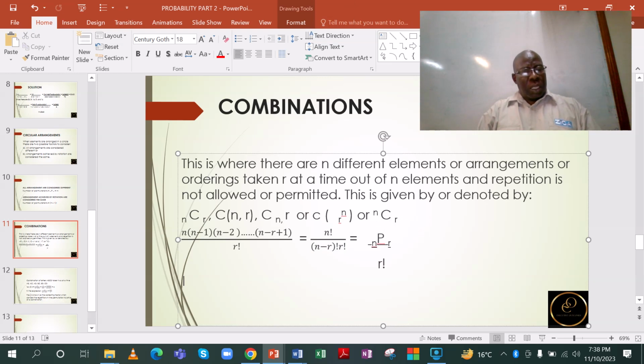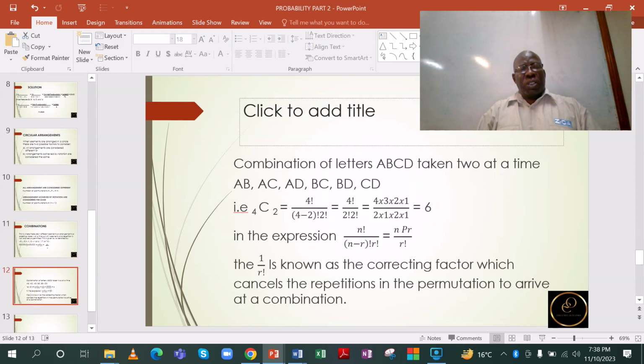Okay. So then we move on to look at combination of letters A, B, C, D taken two at a time. So we have AB, AC, AD, and then BC, BD, and then CD.